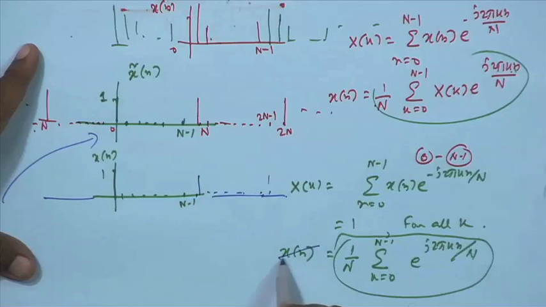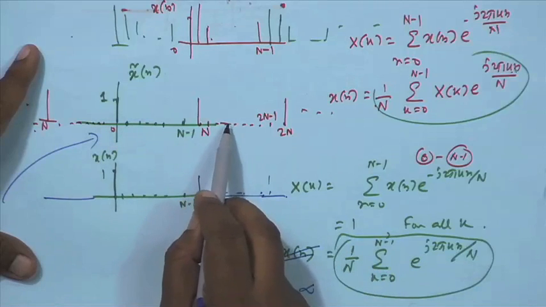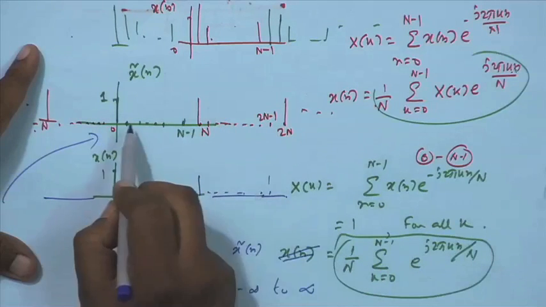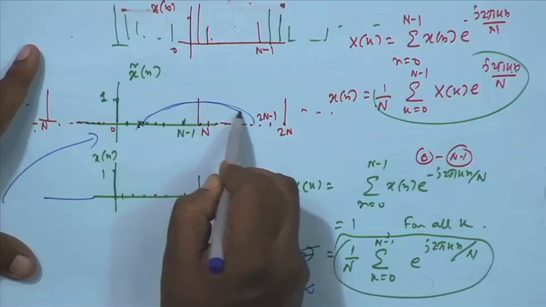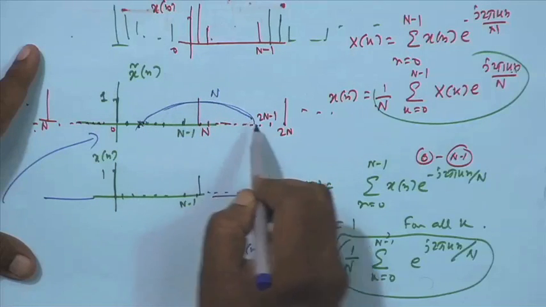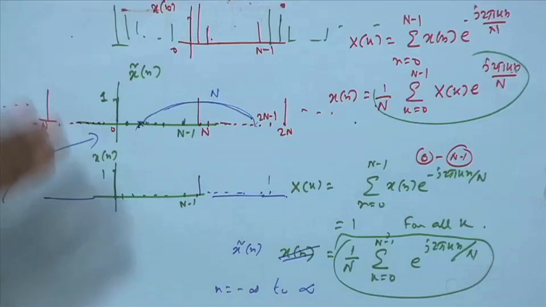So, this will then become x tilde n, where n is from minus infinity to infinity. So, the original x tilde n, a sequence like this, can be written like this. You put any value of n on this side also, you will get the same value; if you go capital N to the right, further capital N to the right, like that, you get the same thing. This is called the sampling function, and I will use it in my subsequent discussions.